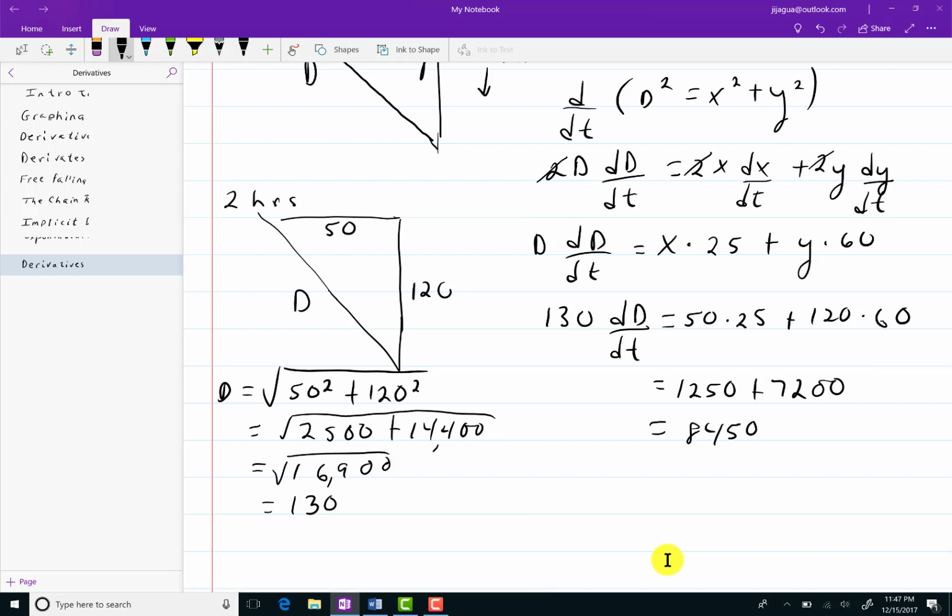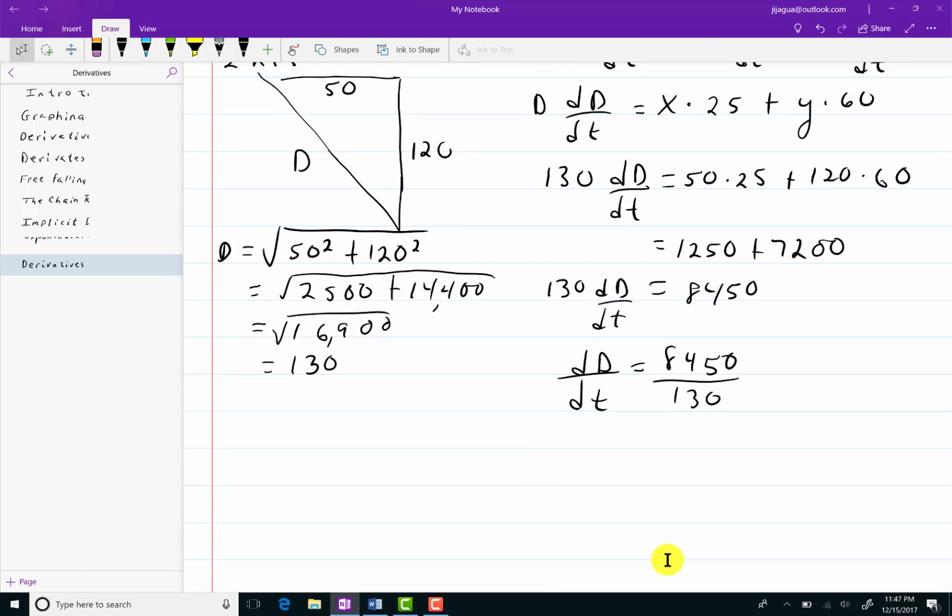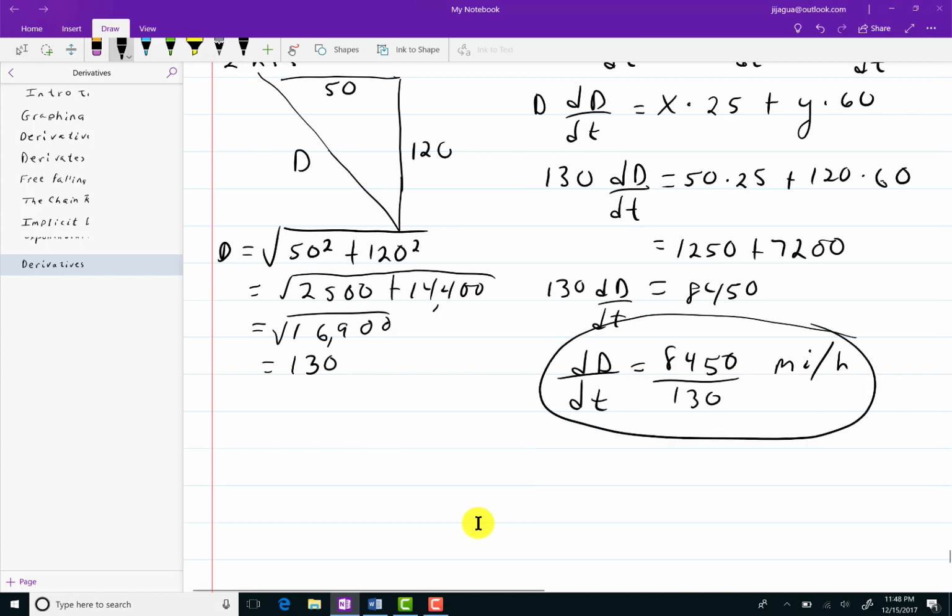So I have 130 dd over dt. Now I'll divide by 130. dd over dt equals 8450 divided by 130. And d, this distance here, would have been measured in miles. So that would be miles per hour. If you feel like simplifying, go ahead.